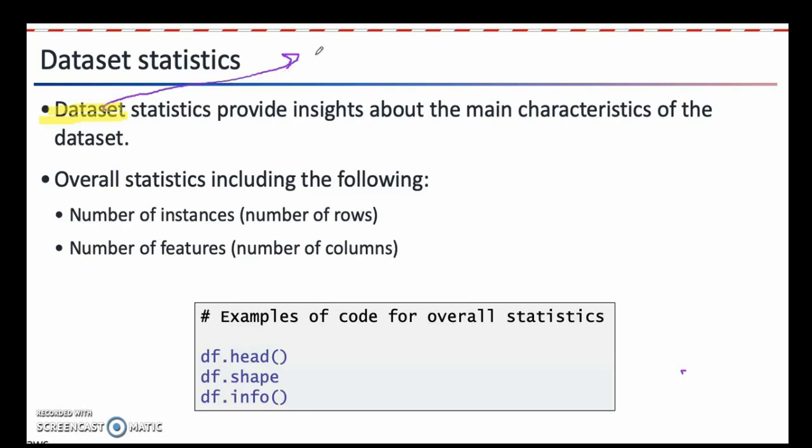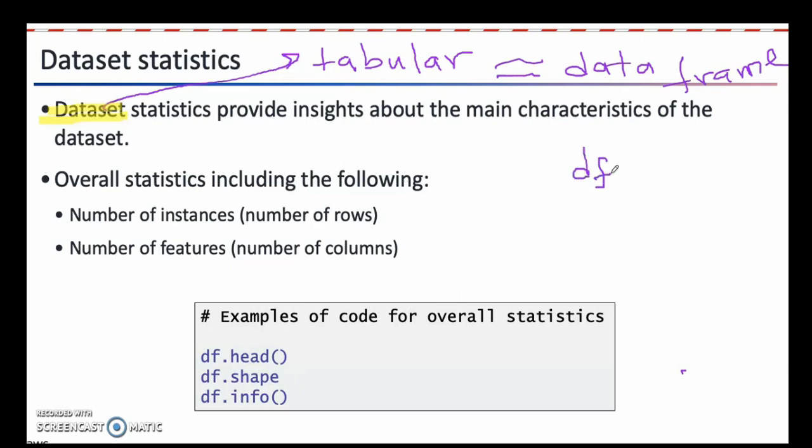So when we say data set here, we're assuming that the data is stored as a table or it has tabular form. So when we say tabular data, we're using the data structure we know as data frame. And so for at least what's summarized in this slide here, we're assuming that this data frame is generically stored in a variable called df.